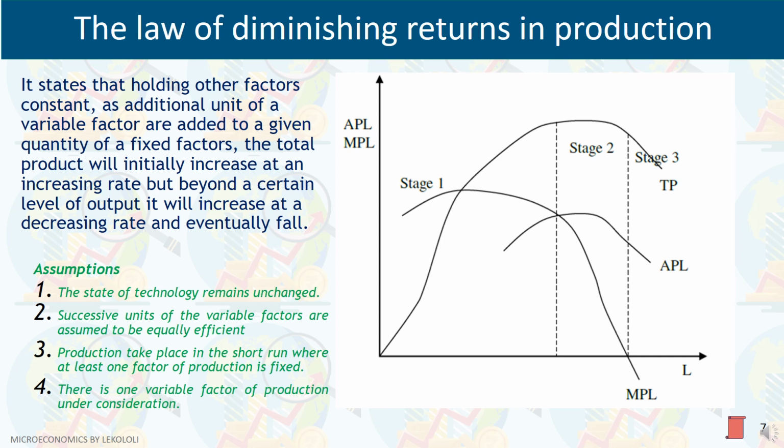Even if you are to get labor for free, you still will not operate in this stage because you could achieve higher total output by using less labor. In this stage, you might consider reducing the use of variable inputs, reallocating them to another production process, or increasing the fixed input or expanding the scale of production.